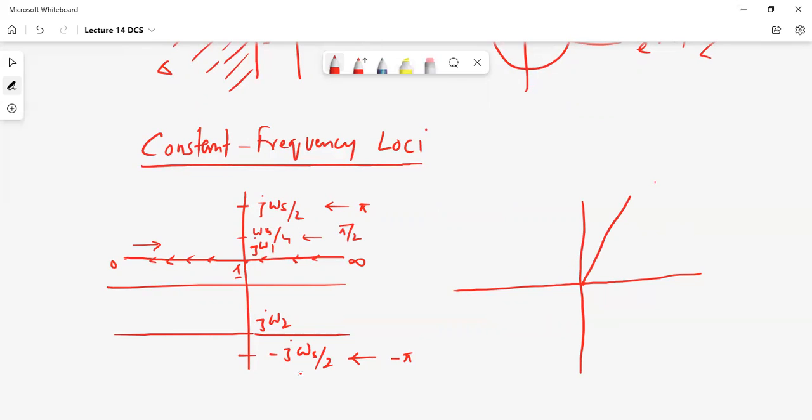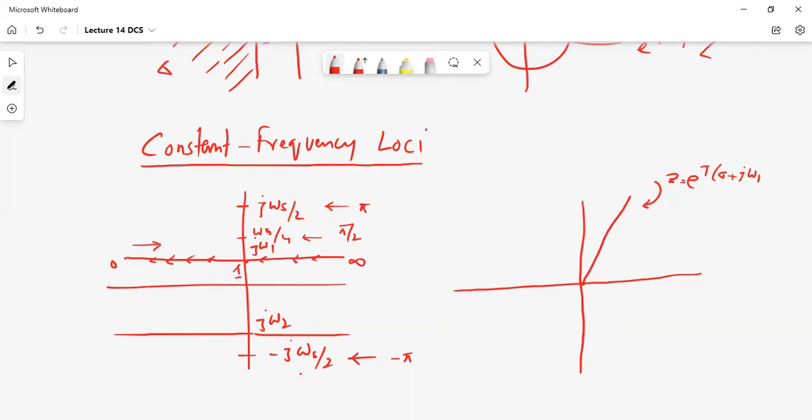This is your constant frequency line, and it is related to z equal to e to the power T sigma plus j omega 1. By mistake I sometimes may have said tau, but it is actually T.